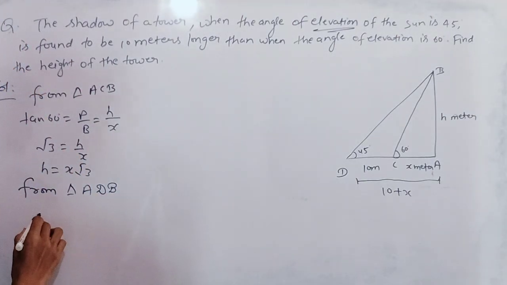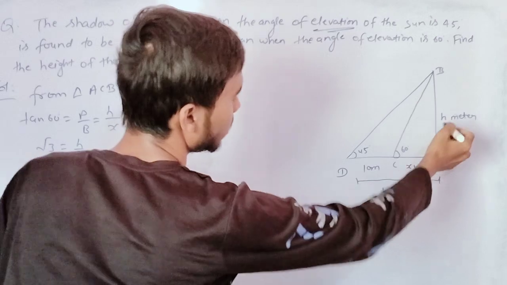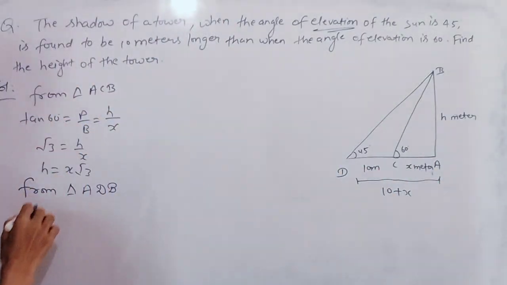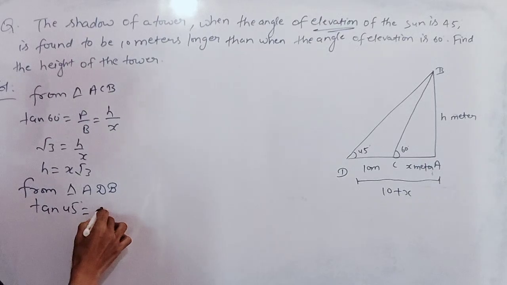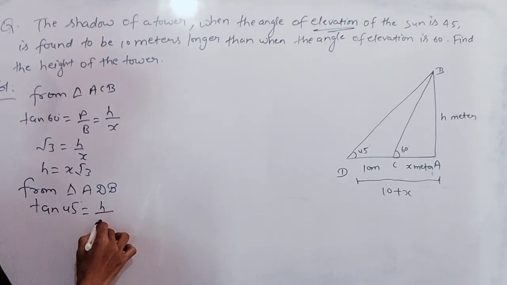Now, this is P and this is B. So again I would say tan 45 is equal to H upon 10 plus x.